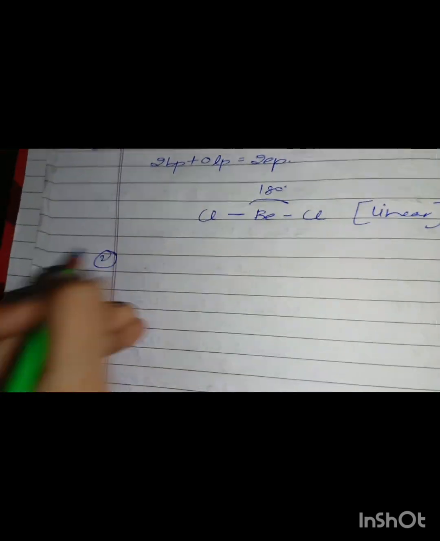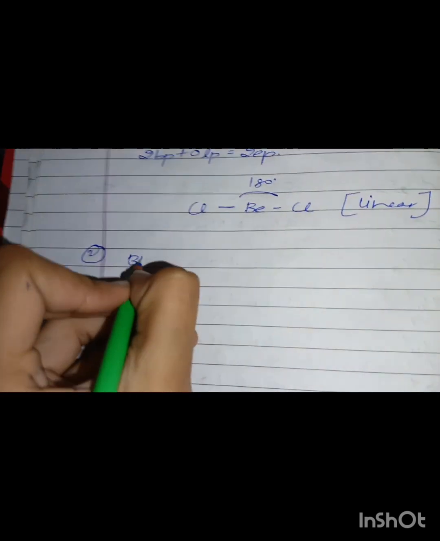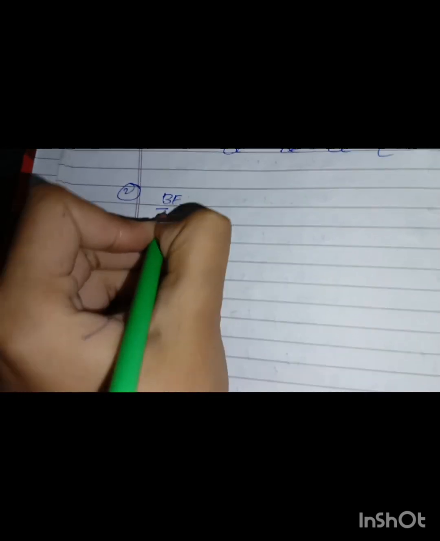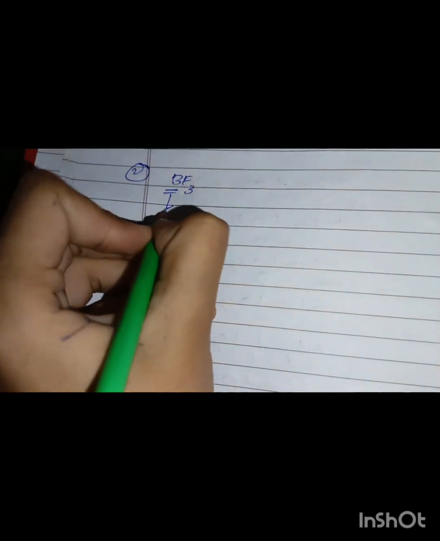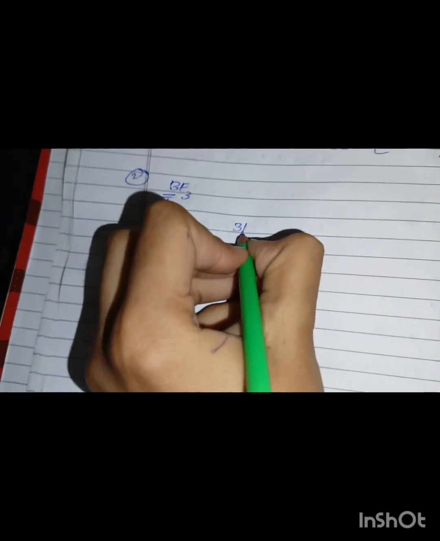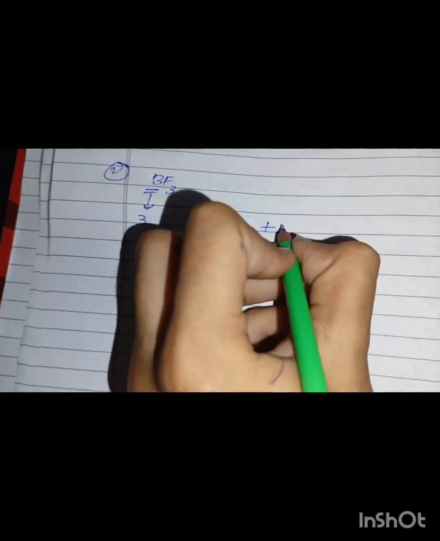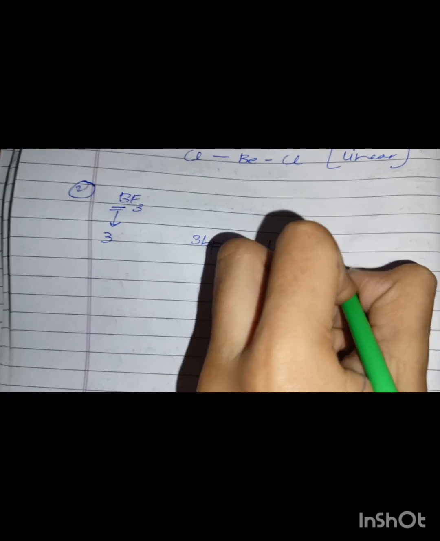Okay, now let's take the second example. If we are given BF3, it is boron. Boron has valency of 3. That means 3 bond pair plus 0 lone pair. So 3 electron pairs.